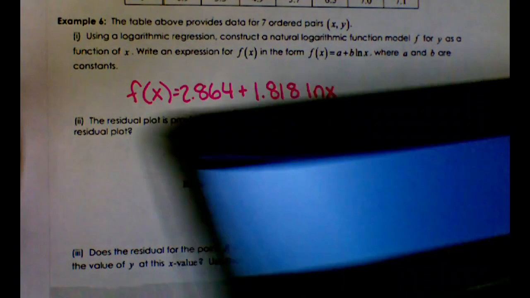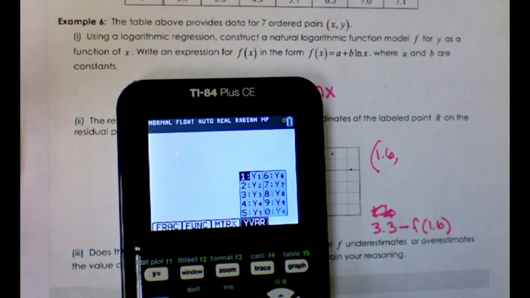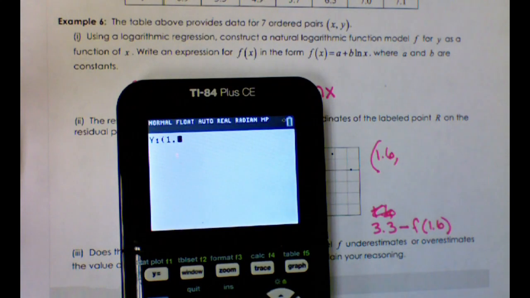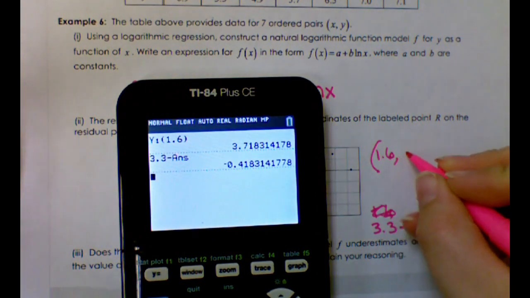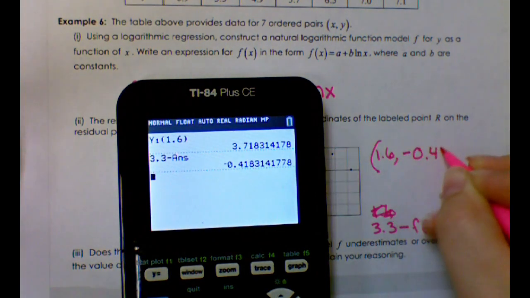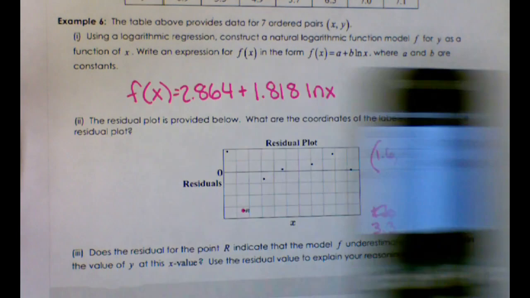Let's see what f of 1.6 was. I take y1 of 1.6. It was 3.718. So I want to know what 3.3 minus that answer was. So this point was 1.6, negative 0.418-ish.